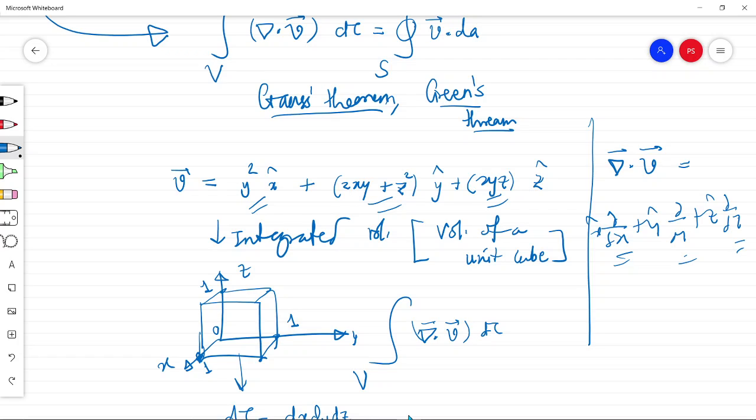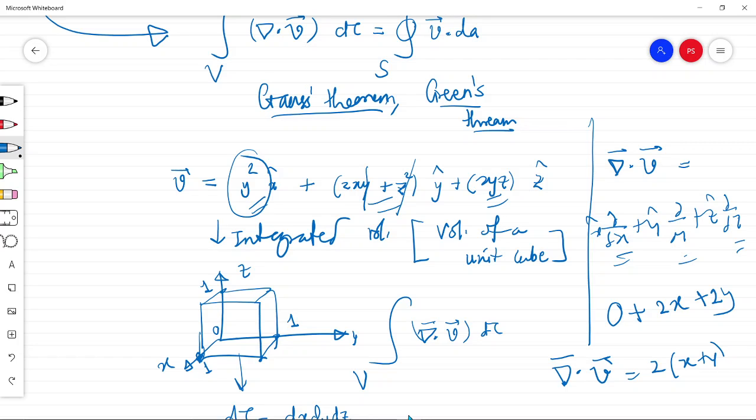The first term goes to 0 as the derivative of y squared with respect to x is 0, plus the second term comes out to be just 2x, since the derivative of y is 1 and z squared goes to 0, plus the next term gives us 2y. So del dot v bar is just 2 times (x plus y).